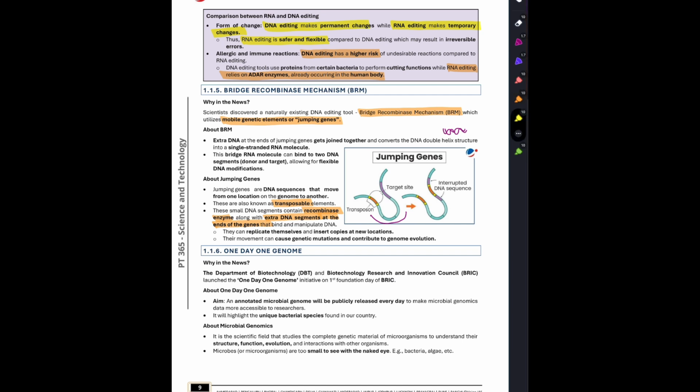They can replicate themselves and insert copies at new locations. Their movement can cause genetic mutations and contribute to genome evolution. Here is a diagram showing the extra DNA segments at the ends.